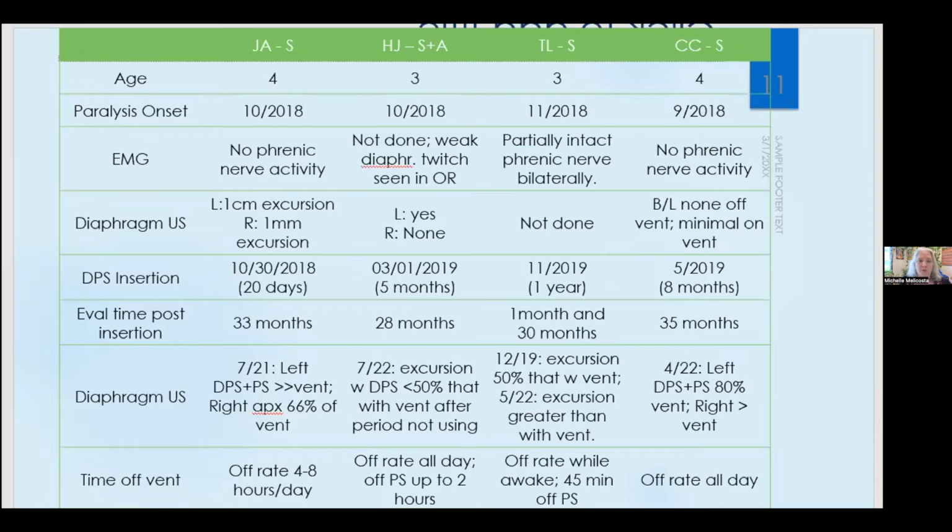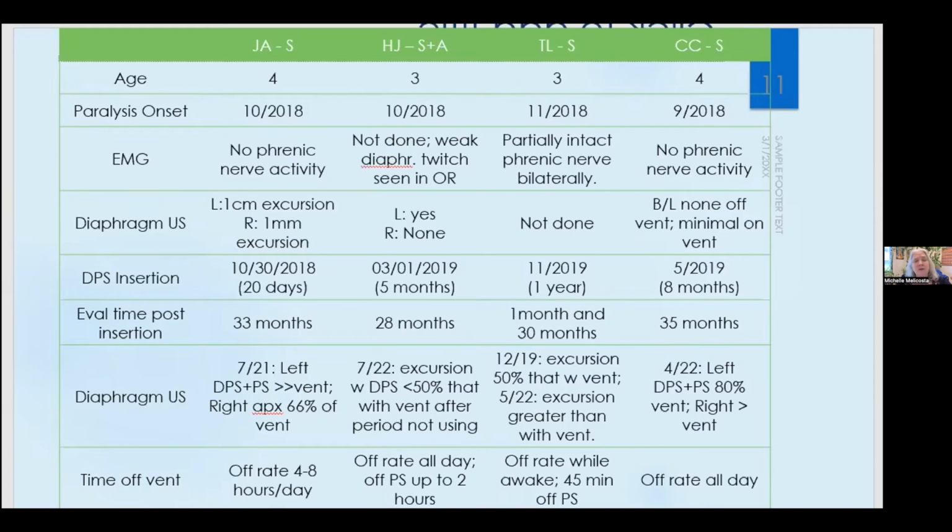So from onset of paralysis to placement of pacer, which you can see in this group of patients was 20 days at the earliest and 1 year at the longest. And then the time after pacer insertion when we did the evaluation that's documented there.